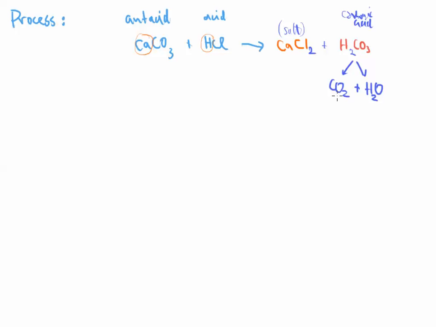Now, the key here is that in a laboratory setting, we want to make sure that this H2CO3 goes to completion. We want to help that CO2 production when we can. So that is the process of heating. That's why we heat these samples up. We heat them because we want to drive off this H2CO3.